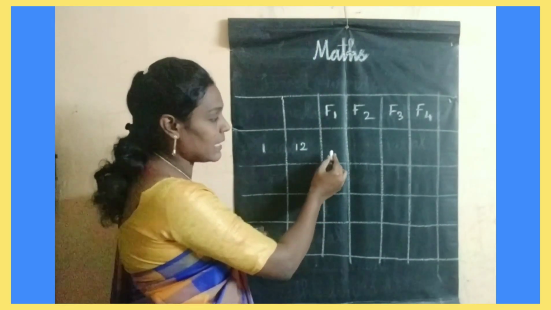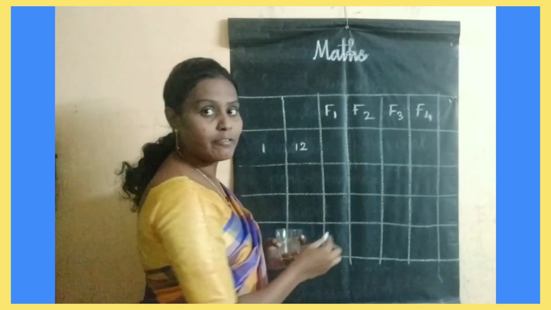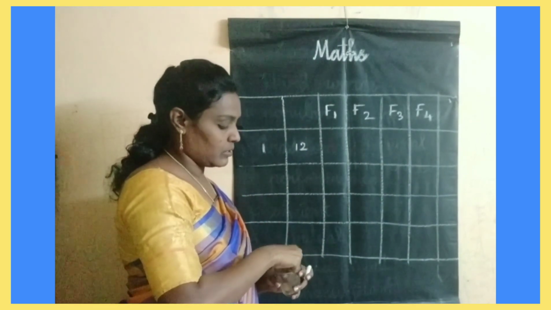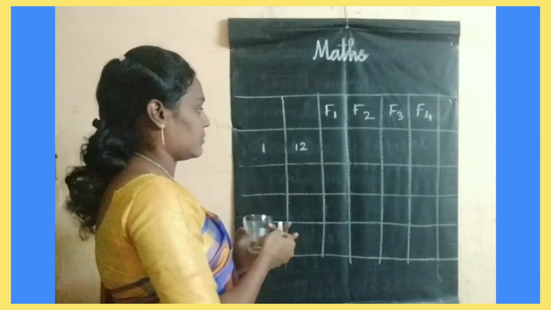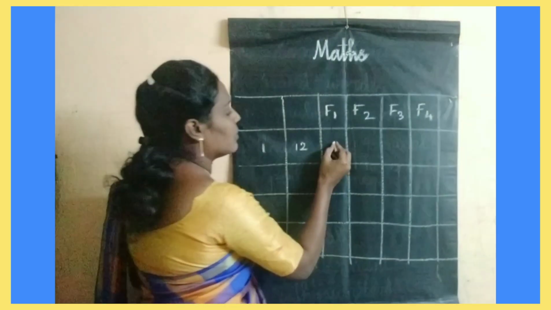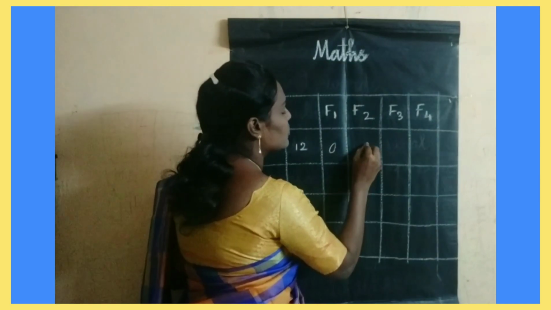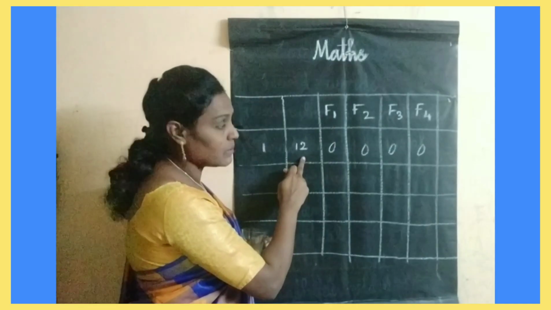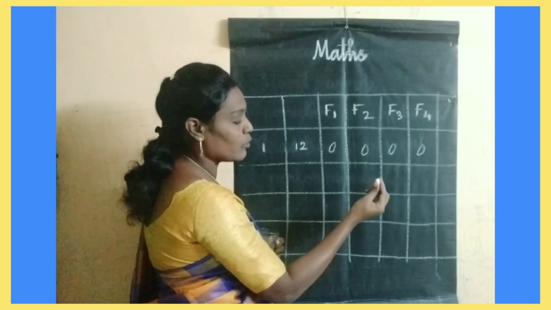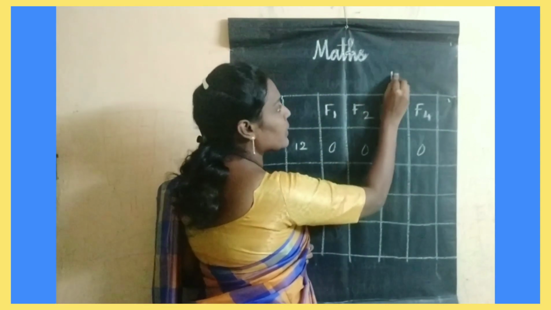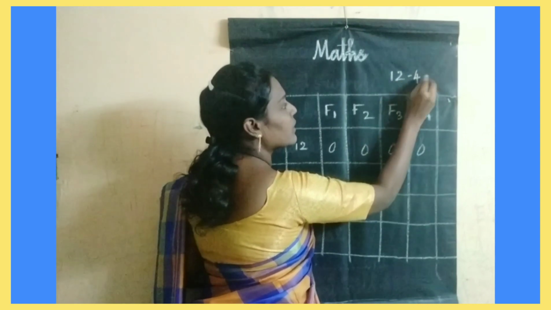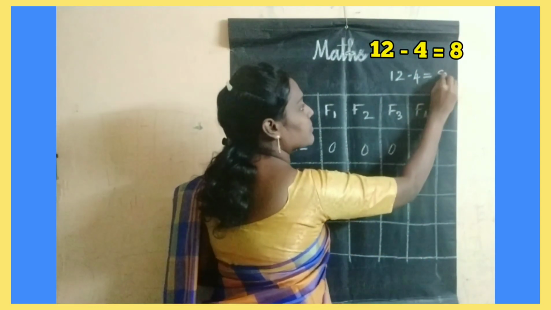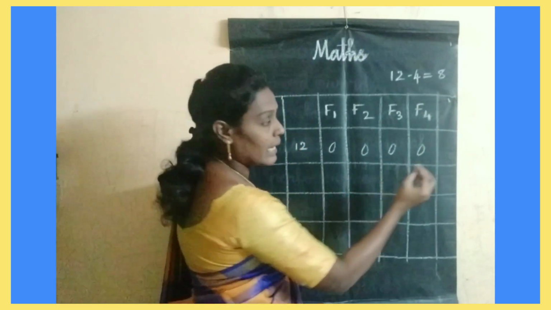I am going to share among 4 of my friends. 1, 2, 3, 4. In 12 badams, I have shared 4 badams. So, 12 minus 4 equal to, yes, 8. Remaining I have 8 badams.